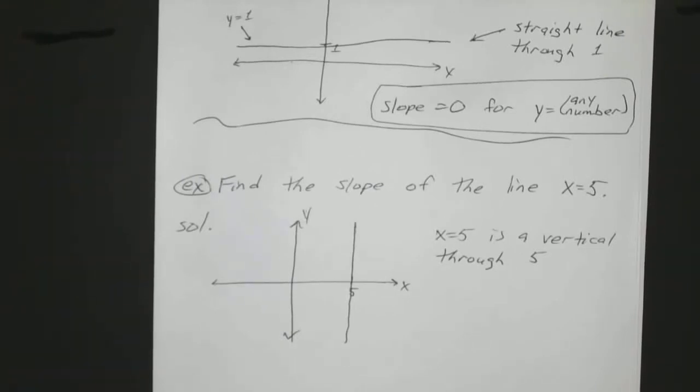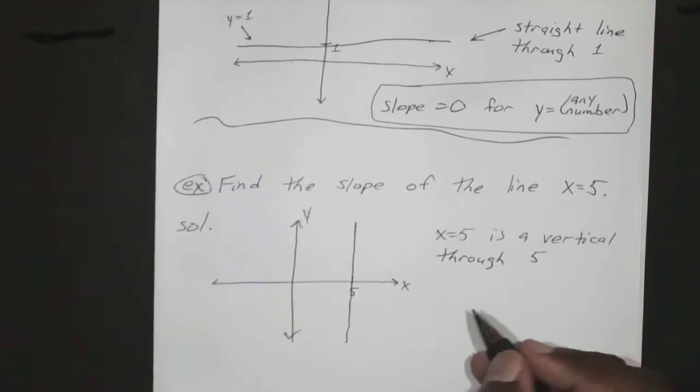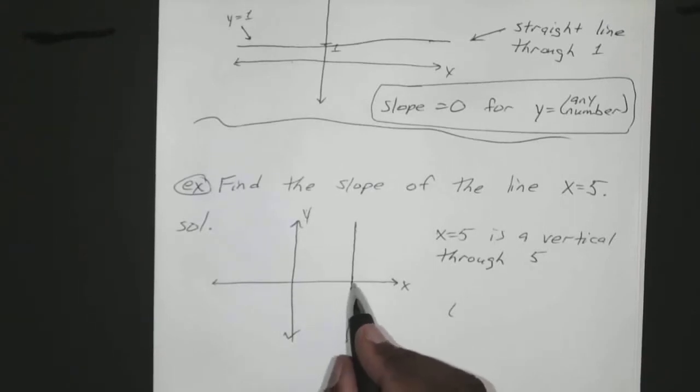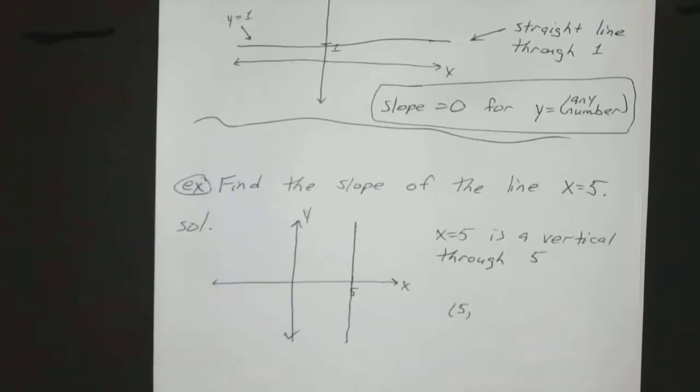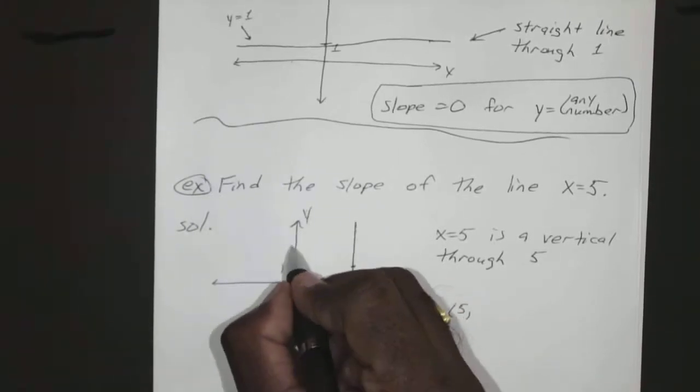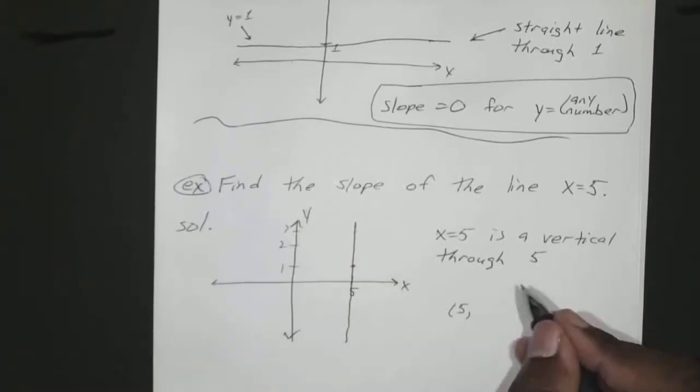So you can kind of think of it as, when x equals 5, then y can equal 1. Let's say that's your 1, that's your 2, that's your 3.